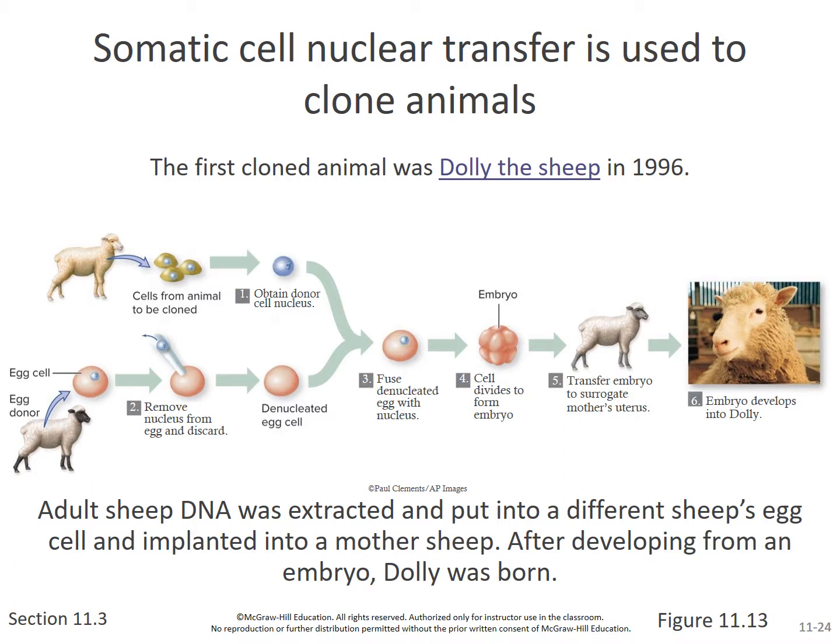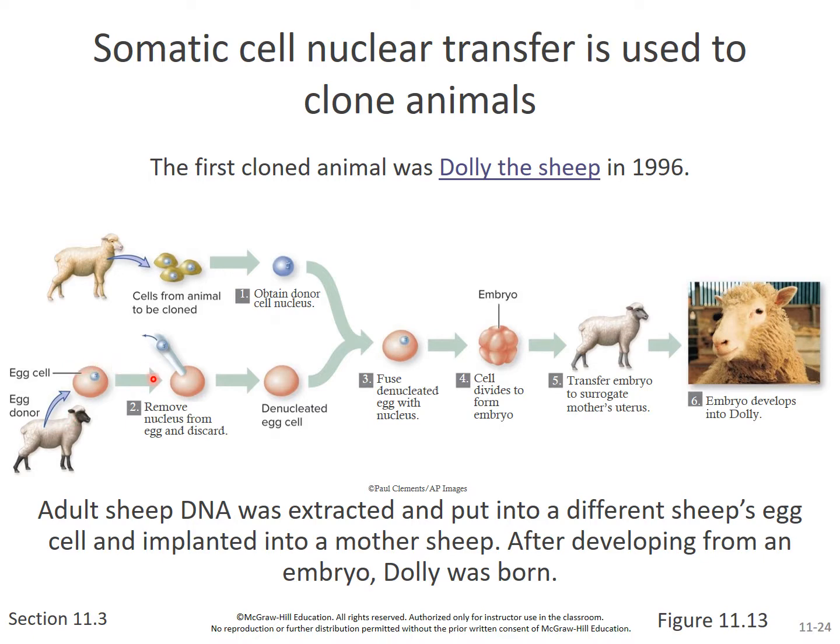So when it comes to human cloning, Dolly the sheep was the first animal to be cloned in 1996. It was done by this somatic cell nuclear transfer. And so we'll talk about what that means. The picture is kind of showing you are taking the egg cell out of one sheep.